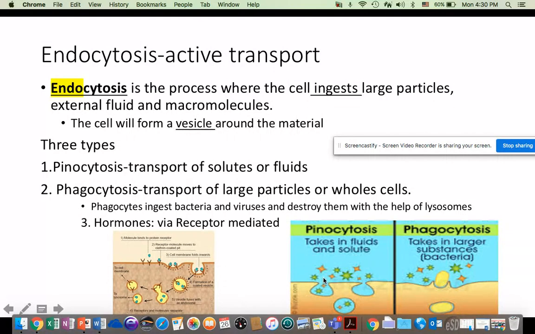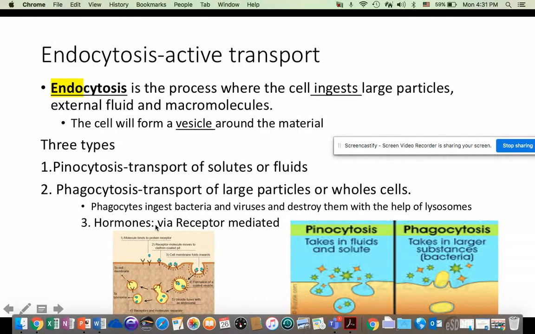Pinocytosis, they call it cell drinking, and this is where large molecules are taken in, more in a fluid state. And phagocytosis is going to be very, very large substances, almost like a single cell, like bacteria. So that's phagocytosis, transport of large particles or even whole cells.